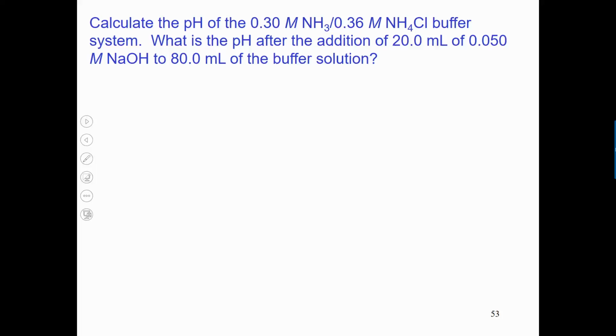Okay. Calculate the pH of the 0.3 molar ammonia, 0.36 molar ammonium buffer system. Okay, so we want to first calculate the pH of the buffer system. The KB for this is equal to 1.8 times 10 to the negative 5.